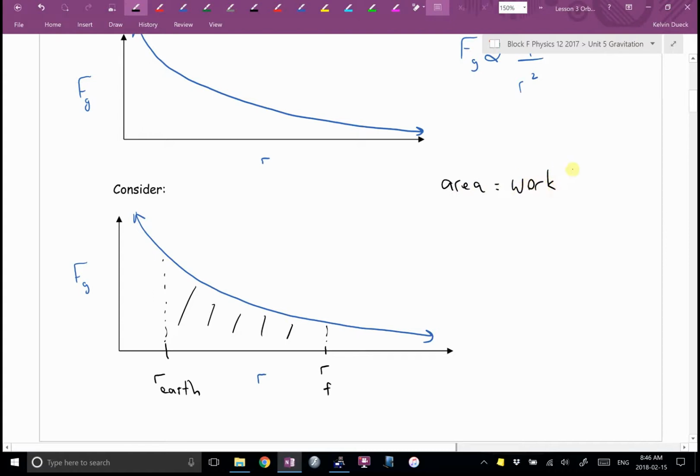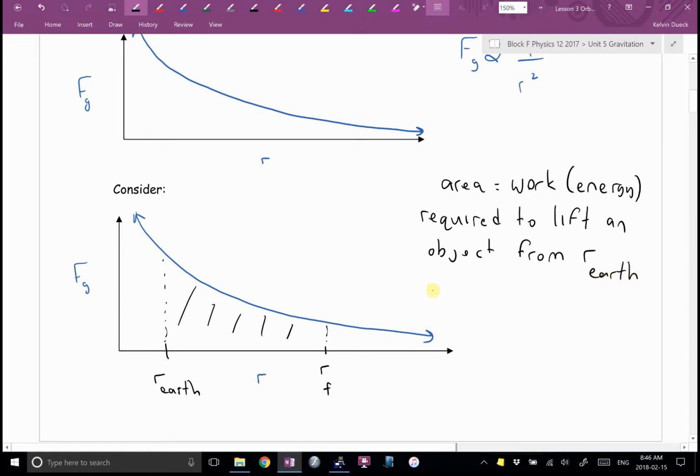What word am I going to put in brackets, folks? Energy required to lift an object from our Earth to our final.